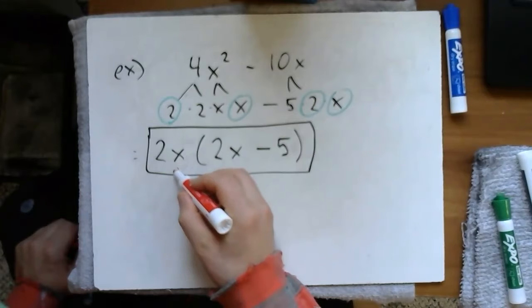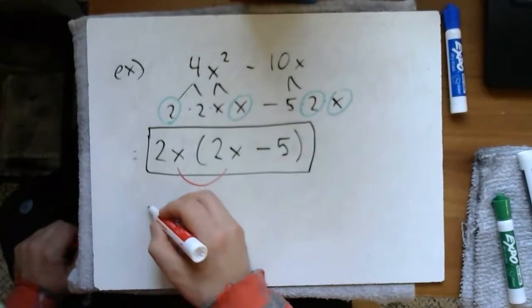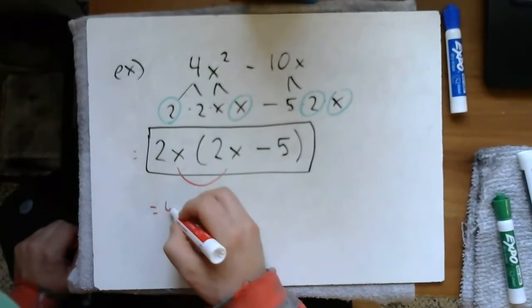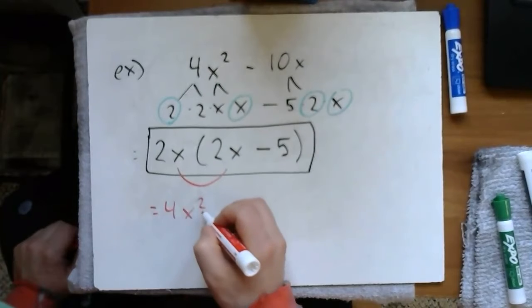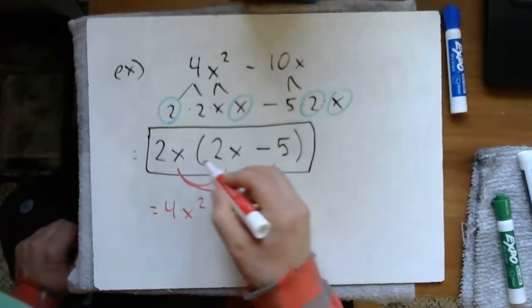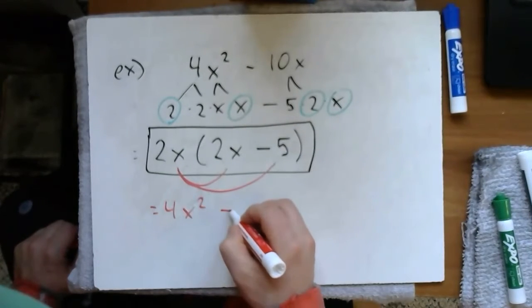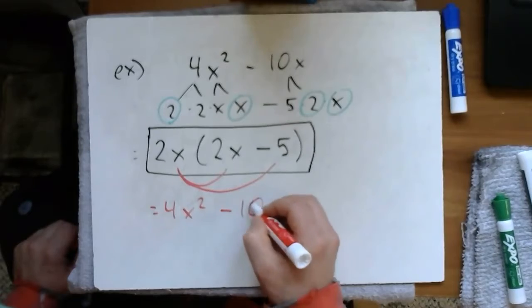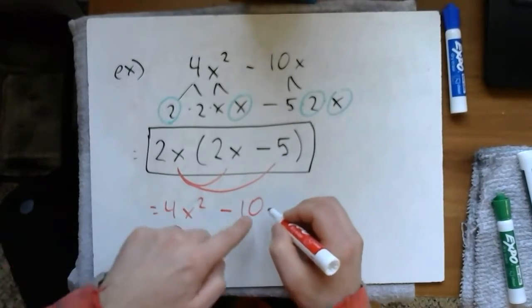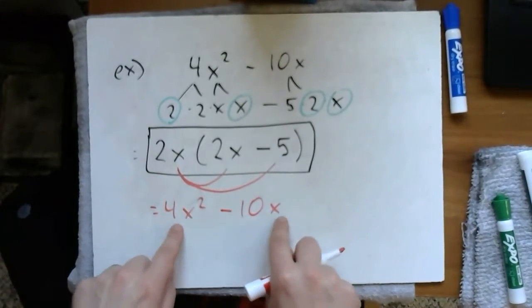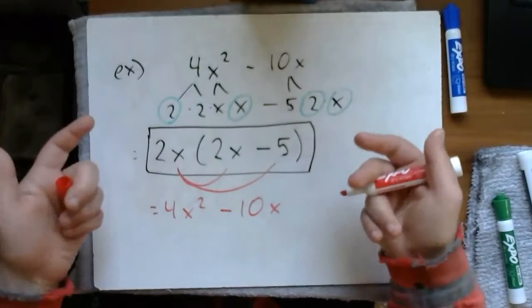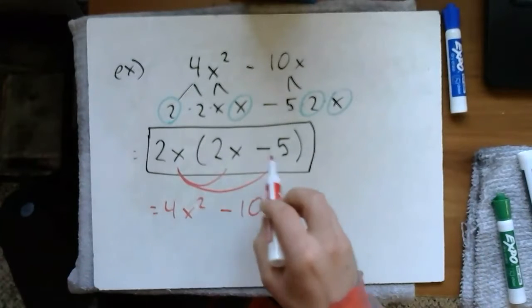We can multiply 2x times 2x, which is 2 times 2 is 4, x times x is x squared, and 2x times -5 is negative, 5 times 2 is 10, and then the x. And lo and behold, it checks out. They're the same, and so I know that that's done correctly.